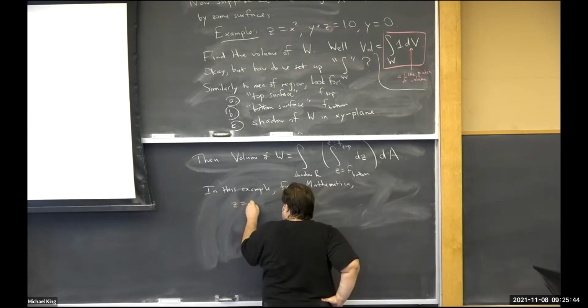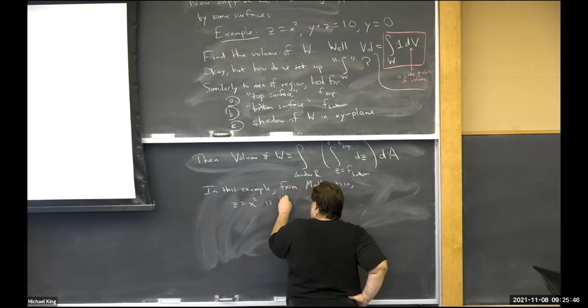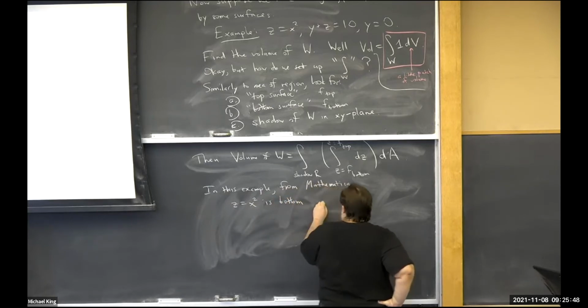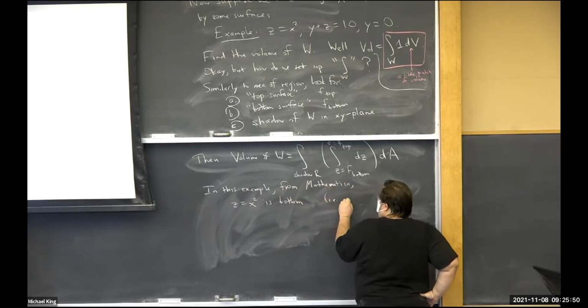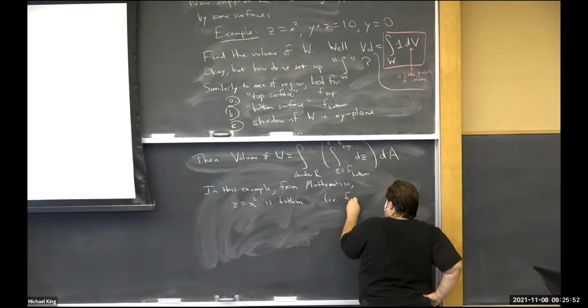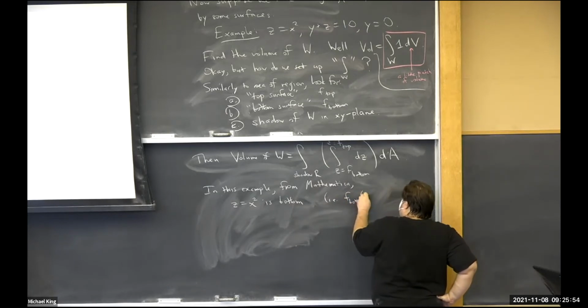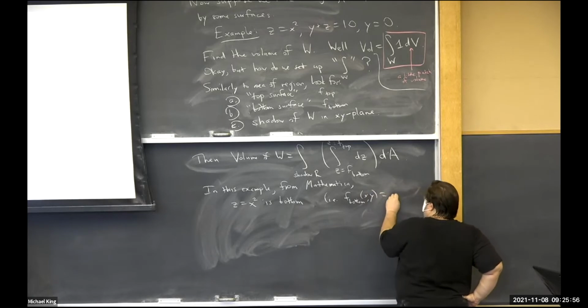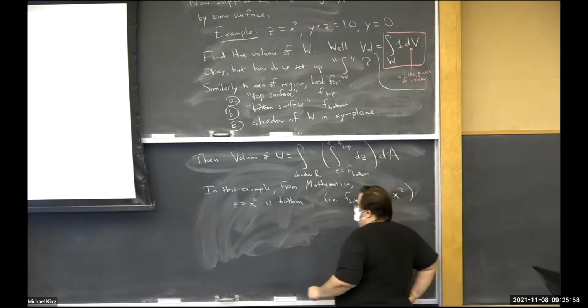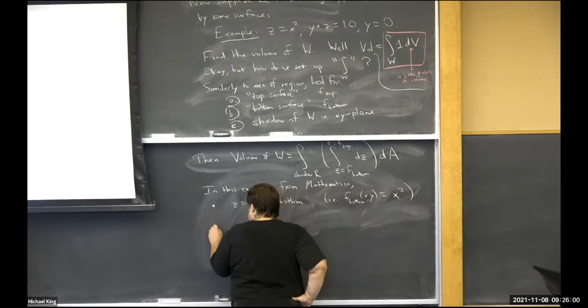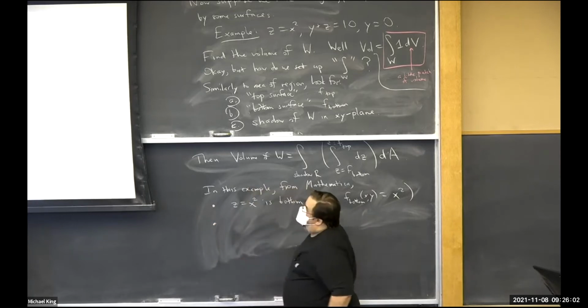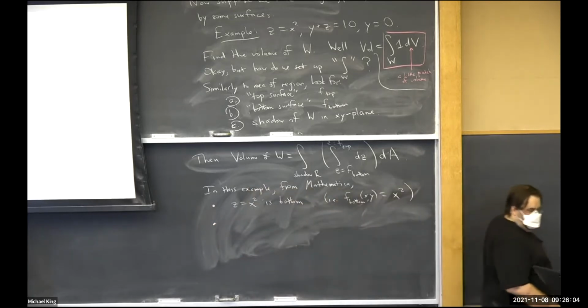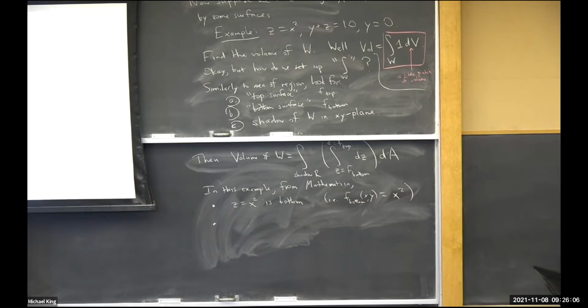Z equals x squared is the bottom, i.e. F bottom of x comma y is x squared. And what's the top? We have two other choices, right? Is it y equals 0, or is it y plus z equals 10?